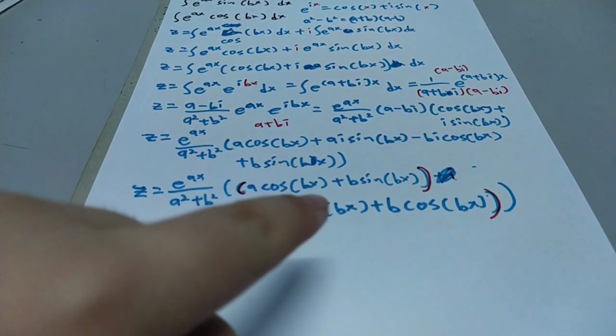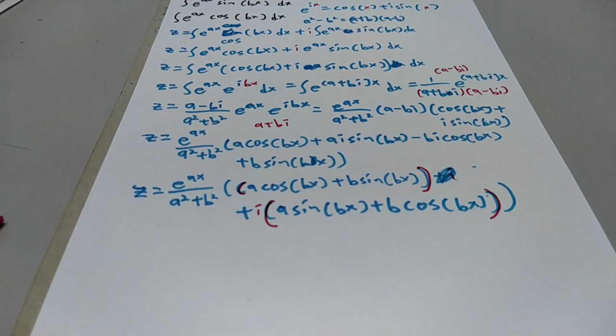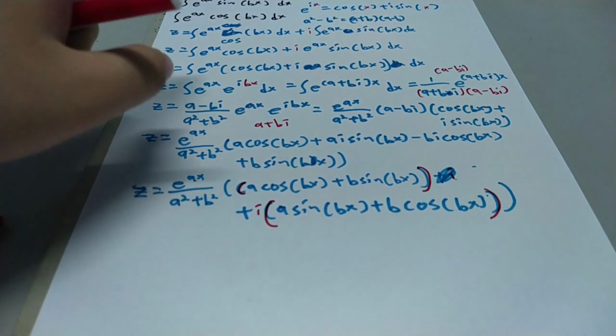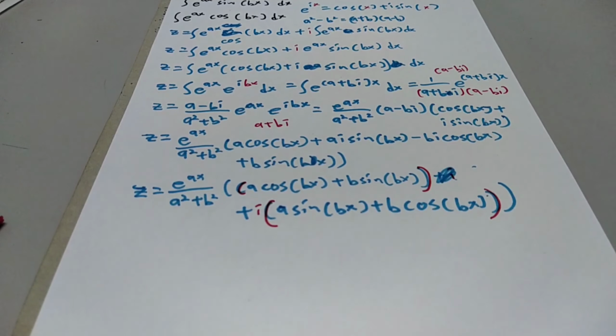If we expand it individually, we will get the same situation as the initial one. That's because if we compare the real part and imaginary part, we will get the integral of e power of ax times cosine of bx dx and the integral of e power of ax times sine of bx dx.